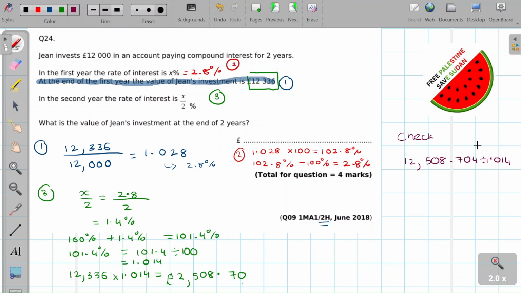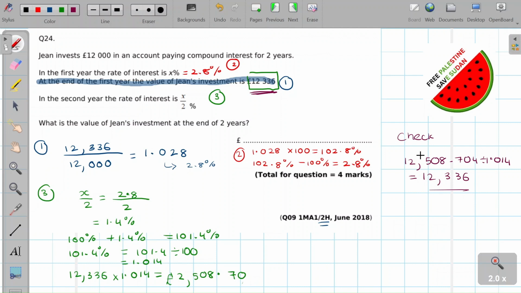This is like reverse percentages, and it should give me the value of the investment after the first year, which was this. That's exactly the same. So that's how I know it is correct. Okay.